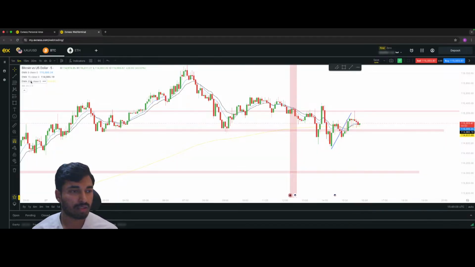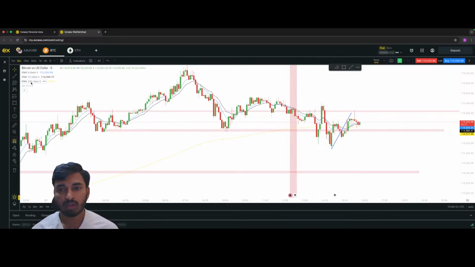So 9 and 15 are very close. 9 EMA means the average of the previous 9 candles, 15 EMA means the average of the previous 15 candles, and 200 EMA means the average of the previous 200 candles.